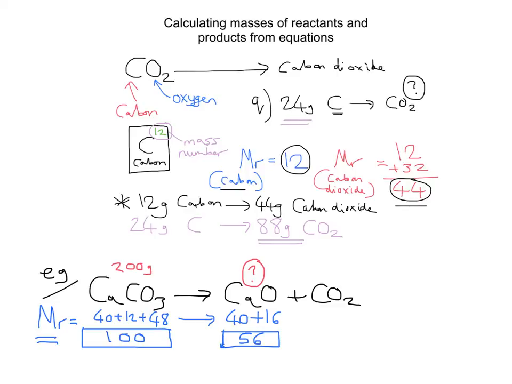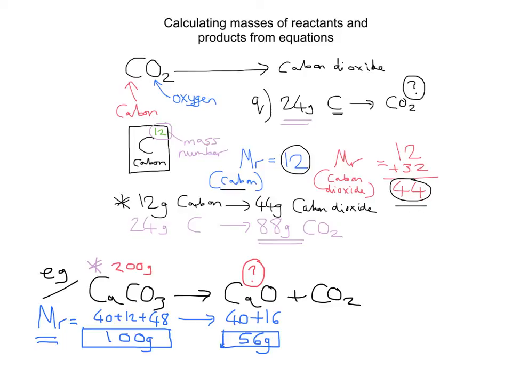And again, if we put grams to it, it might make more sense. So for every 100 grams of the thing on the left, we get 56 grams of the thing on the right. And we were told at the beginning that we had 200 grams of calcium carbonate in this reaction.